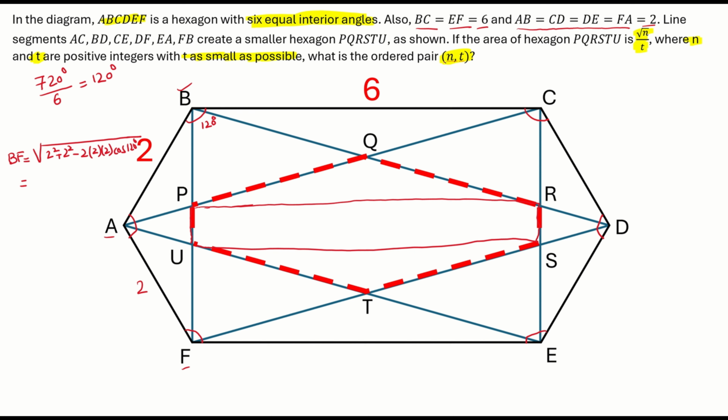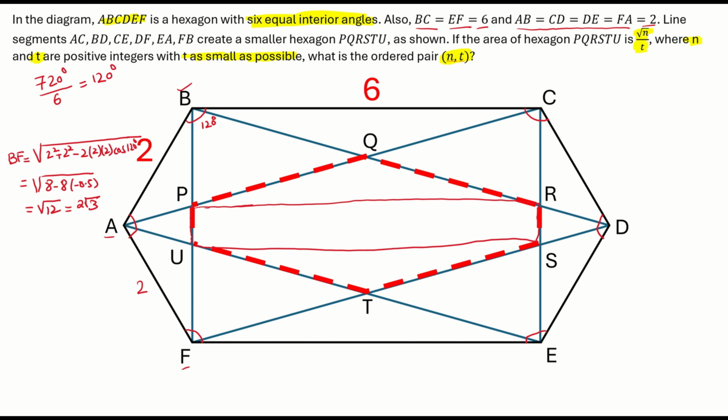If we simplify this, it becomes 8 minus 8 cos 120, where cos 120 is negative 0.5. So I have root 12, and I can further simplify this into 2 root 3. So this is the length from B to F here.